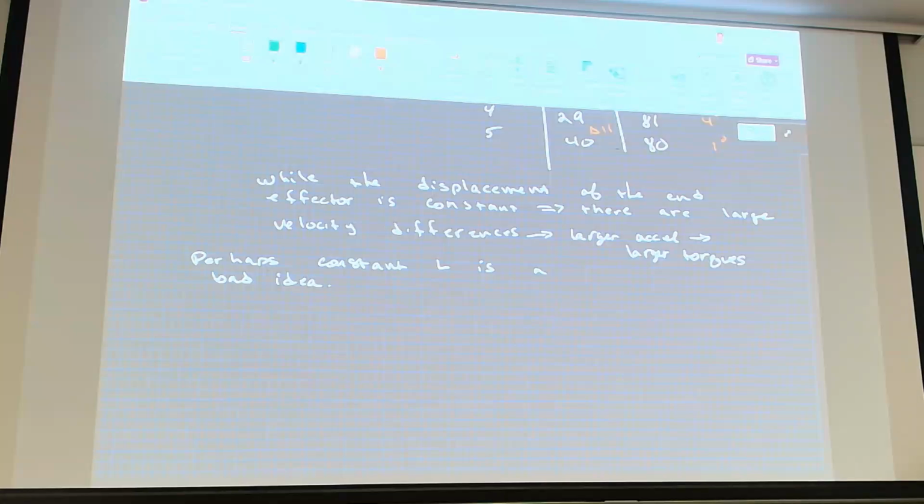So, what are my other options? No one wants to take a guess? Instead of constant L, we could have a displacement.